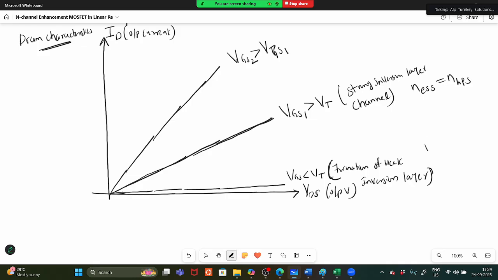A weak inversion layer is when the number of electrons at the surface of the substrate is less than the number of holes in the p-type substrate. Here ID increases.